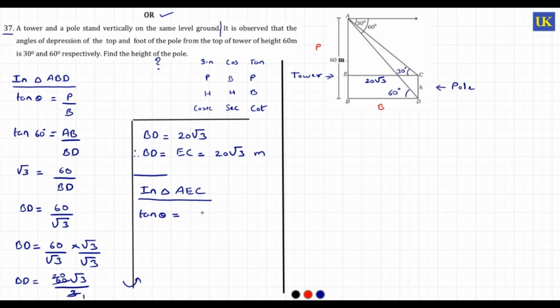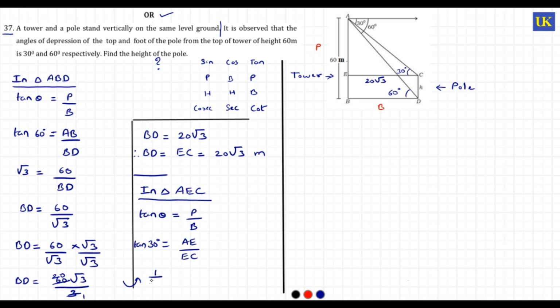Now let's begin. The formula of tan is the same: perpendicular divided by base, and this time the angle will be 30 degree because we are taking triangle AEC. So tan 30 degree is equal to perpendicular, which is AE, and base, which is EC. The tan 30 degree value we need to take from the table.